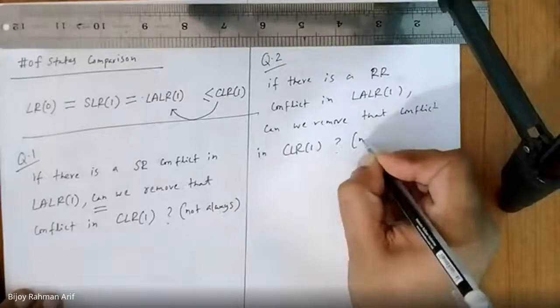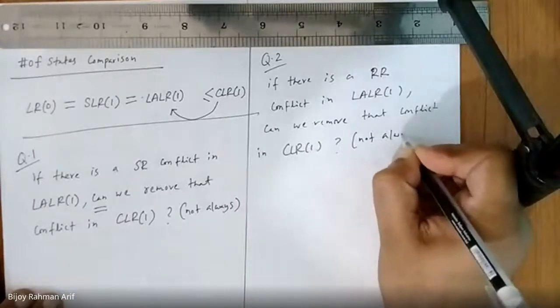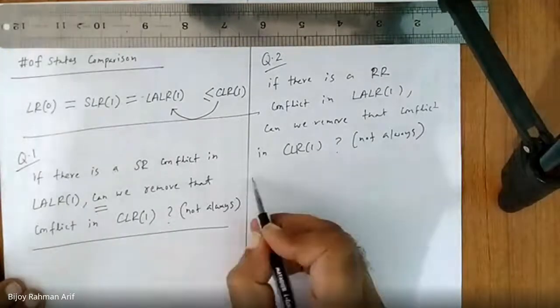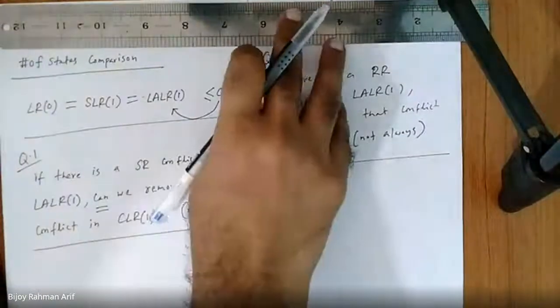Not always, but is there any example or not? Now tell me the answers to these two questions. Is the question clear to you guys? This is the last question of today.